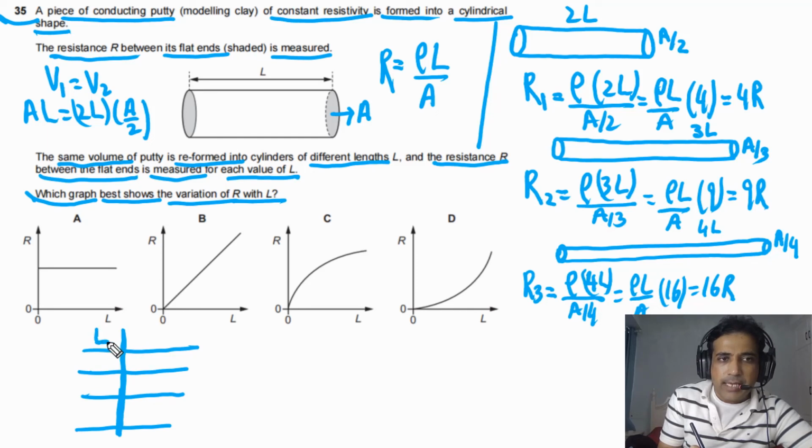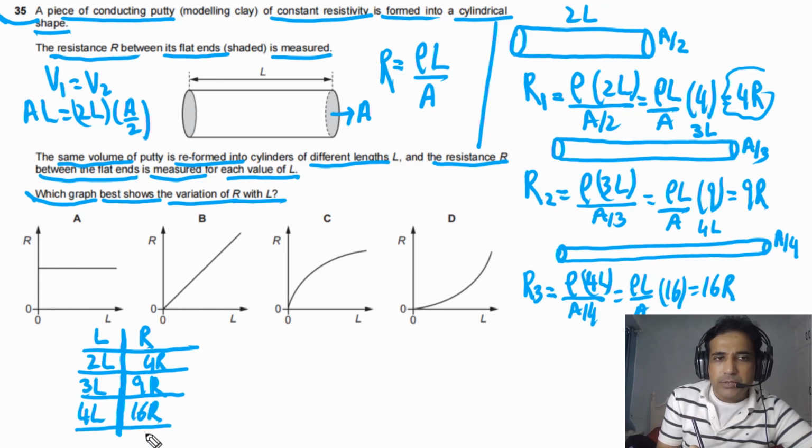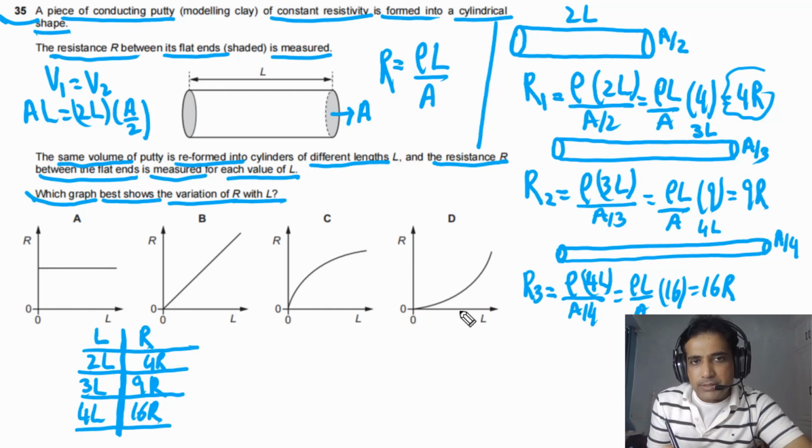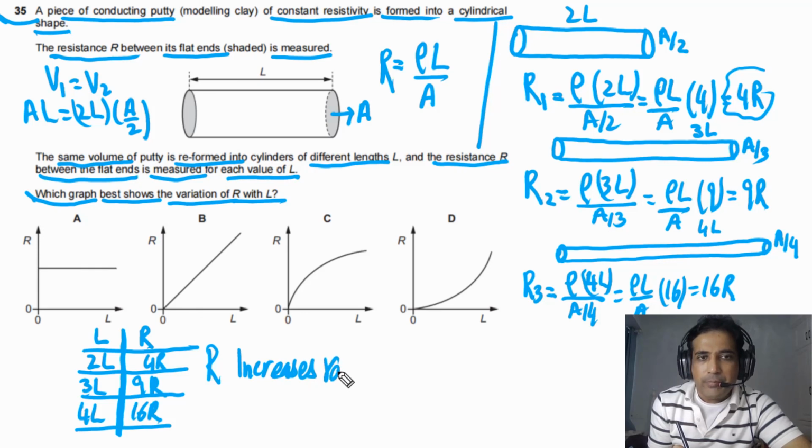When this is L, we have resistance equal to R. And when the length is 2L, resistance is equal to 4 times R. And when the length is 3L, resistance is equal to 9 times R. And when the length is 4L, resistance is equal to 16 times R. So in this case, you can see as L is increasing by the same amount, R is increasing rapidly.